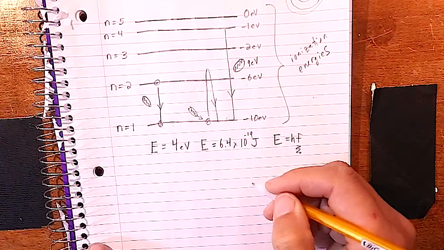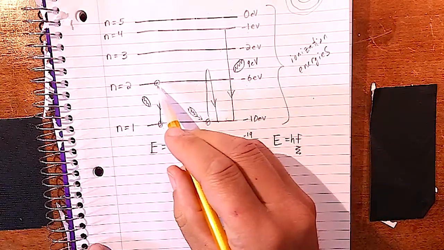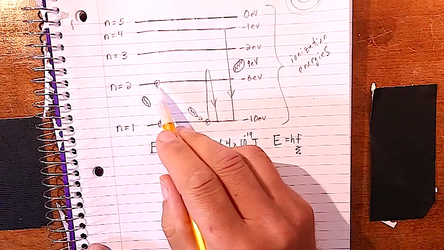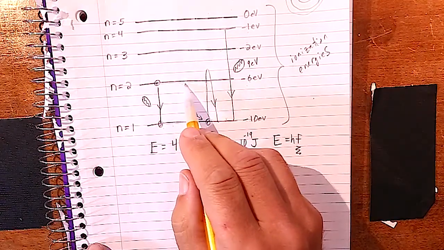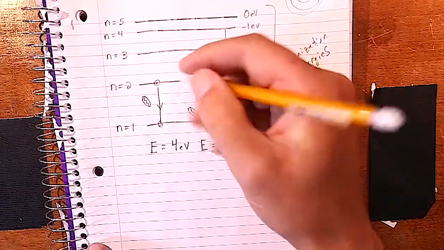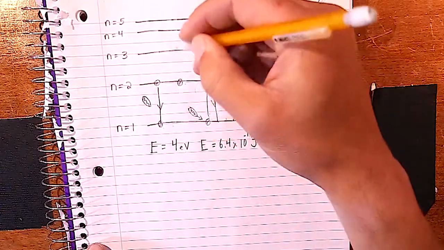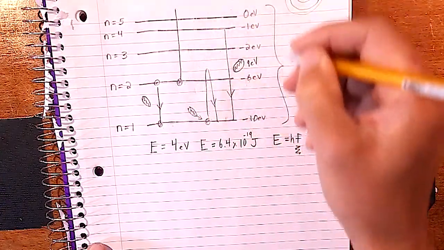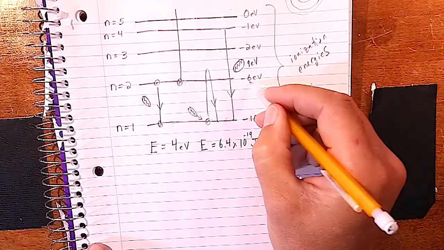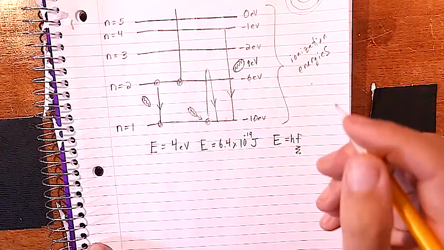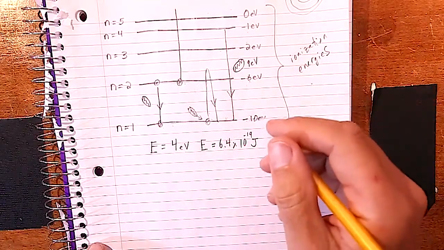So here's another question you could get asked. How much energy does an electron in n equals 2 need to escape the atom? In other words, to be ionized. Well, if we have an electron here and we want to get it out, then we need to give it at least 6 electron volts. This is a rare question, but it could come up.